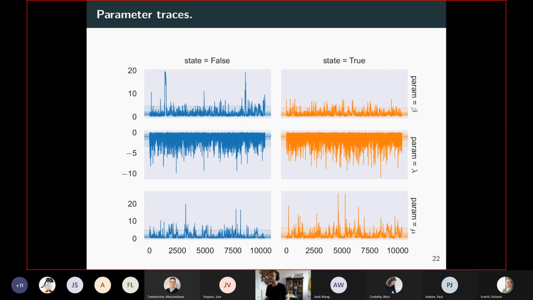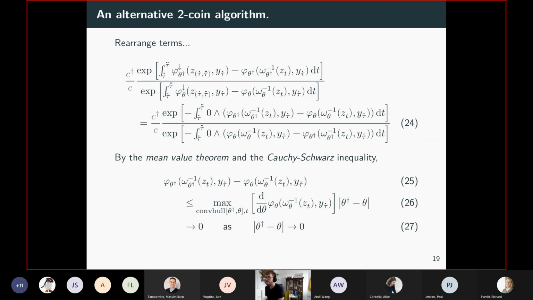Right, and so this is a setting really in which that methodology doesn't work quite as well as in the ordinary diffusion case, because if we go back to that bound on the path integrand, that is tight and small for small steps, theta dagger minus theta. But these steps optimally are going to be small if theta is well identified a posteriori, which is not the case here.